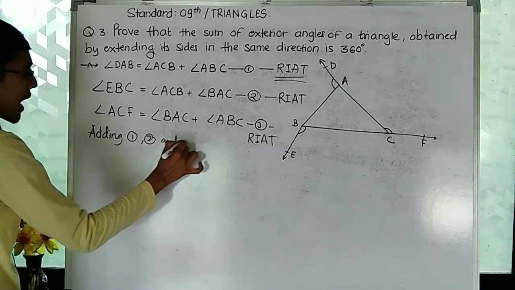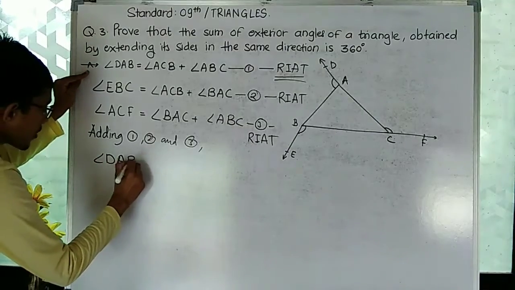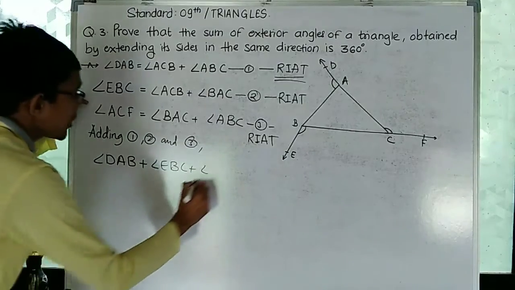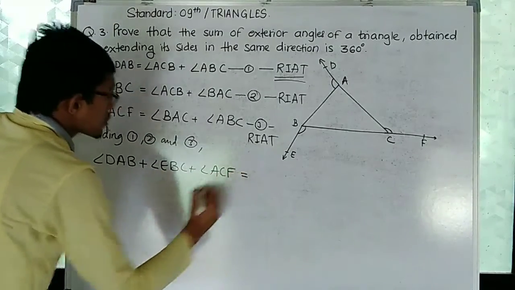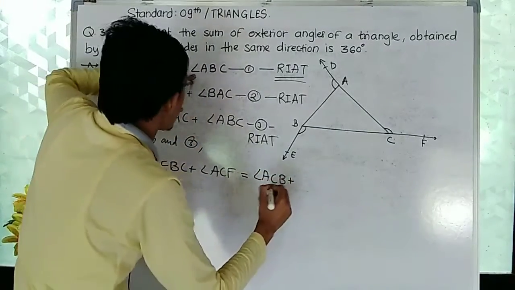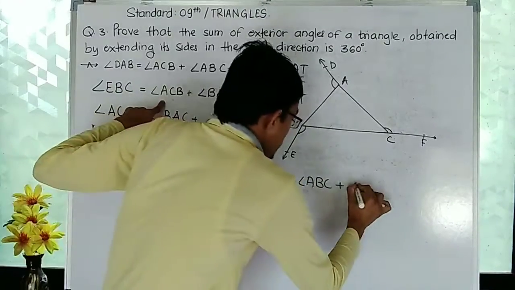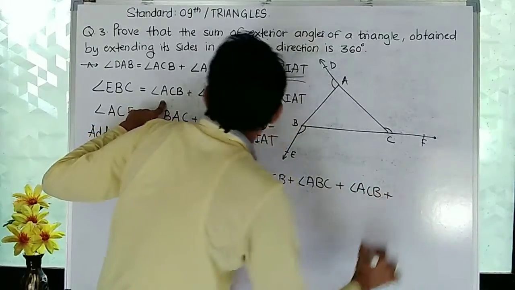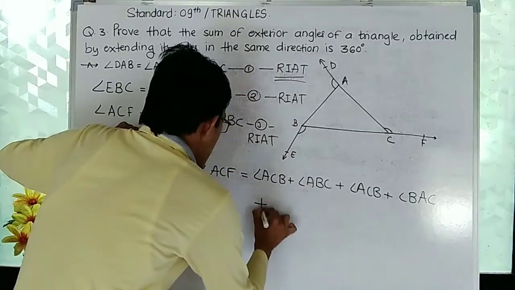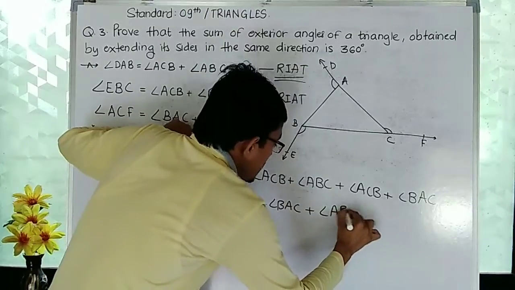Okay, so I will get angle DAB plus angle EBC plus angle ACF equal to angle ACB plus angle ABC plus angle ACB plus angle BAC plus angle BAC plus angle ABC.